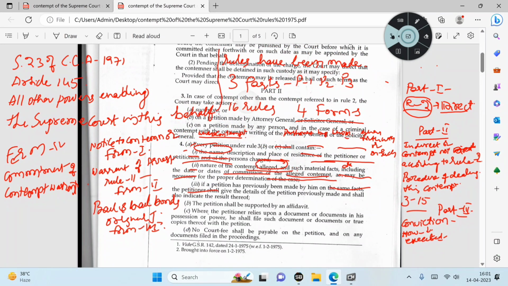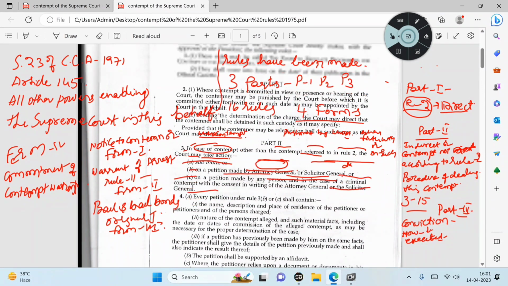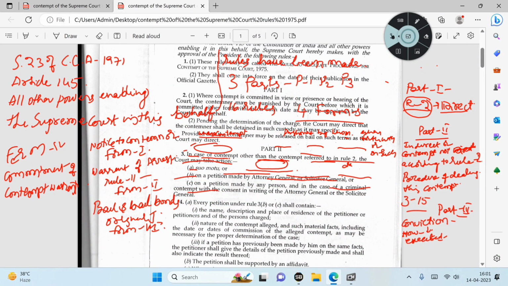For the petition, which details have to be incorporated? If it is a petition under Rule 3(b) or 3(c), and if it is suo motu, there need not be any such details. If it is such a petition, then the following details should be there.